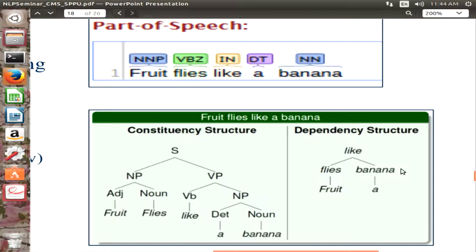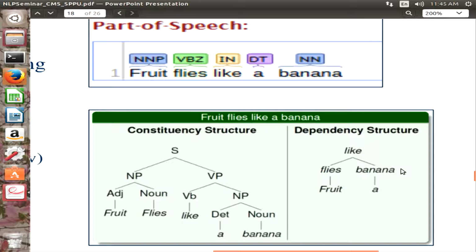Now this is an ambiguous statement, by the way. Fruit flies like a banana. What's the meaning? There's some fruit that flies in the same manner as a banana flies, right?